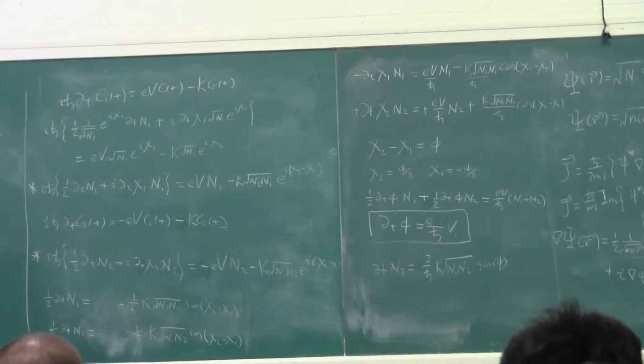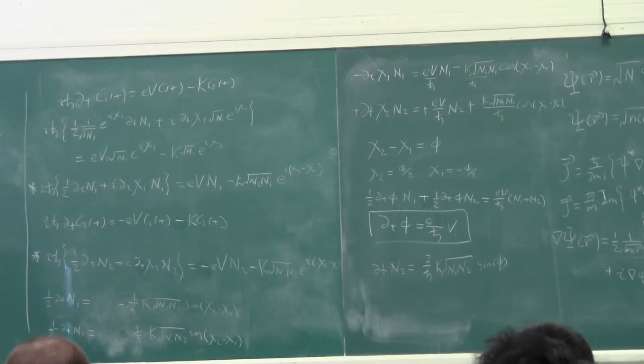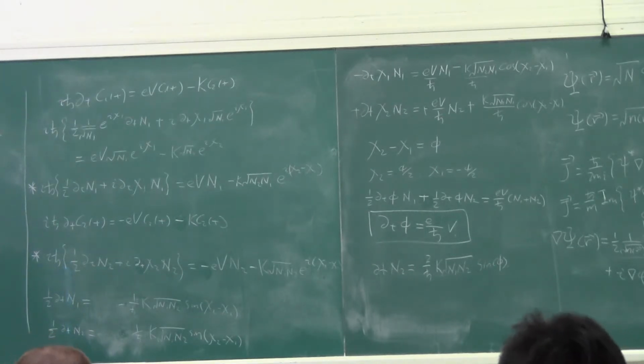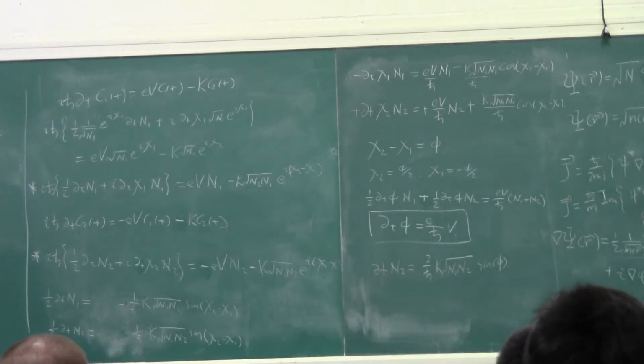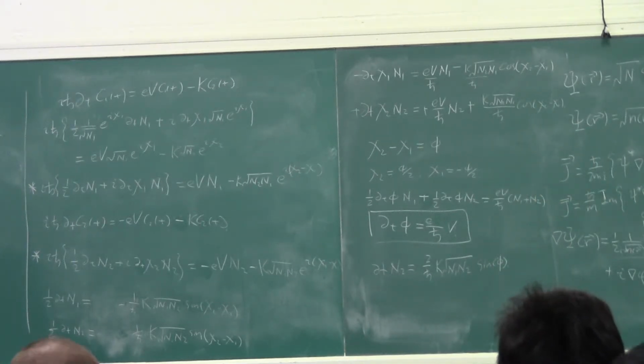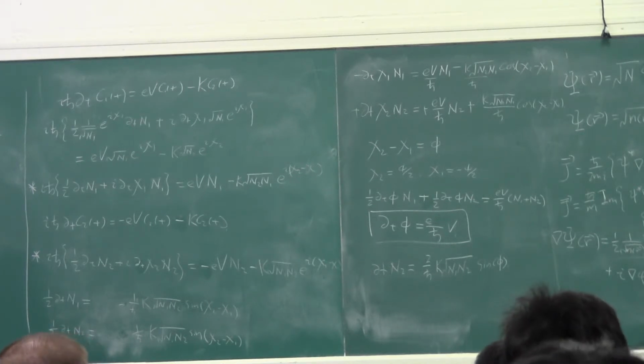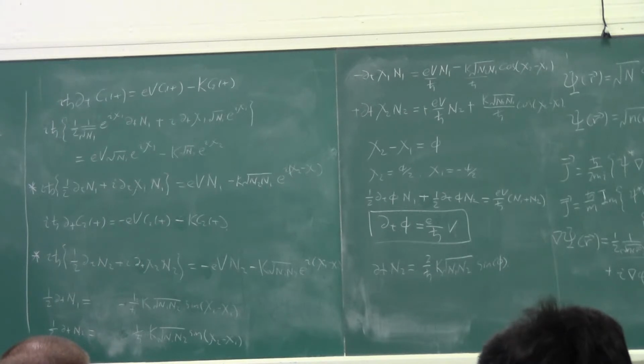This is the current flowing this way, right? If this gains particles, if this side is positive, that means some Cooper pairs are flowing from superconductor 1 to superconductor 2 across the junction. And that's a total current that flows this way, right?